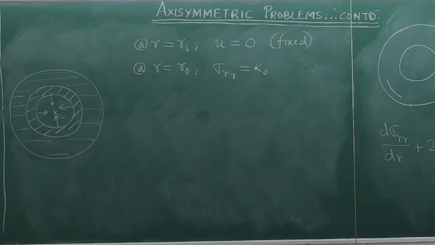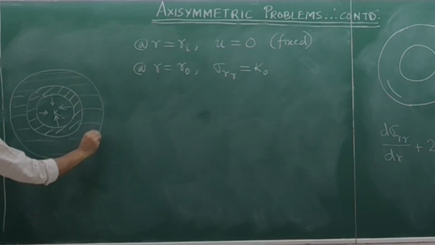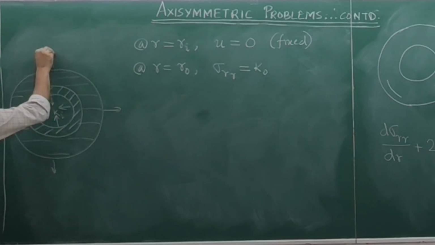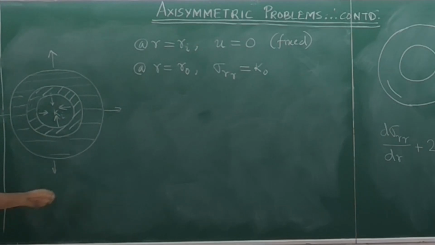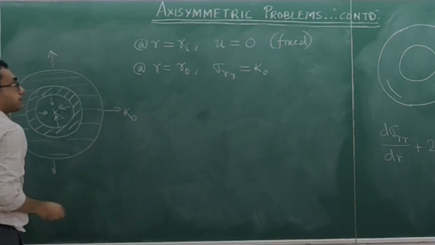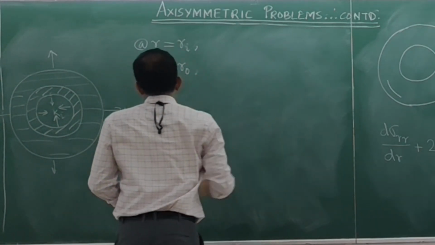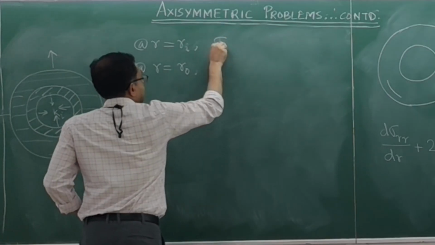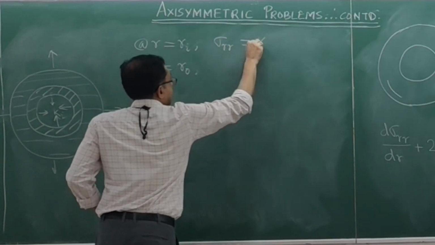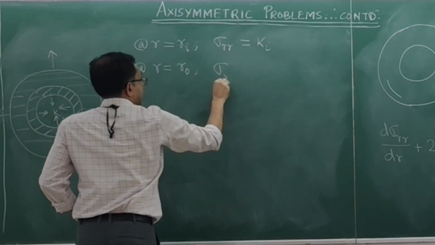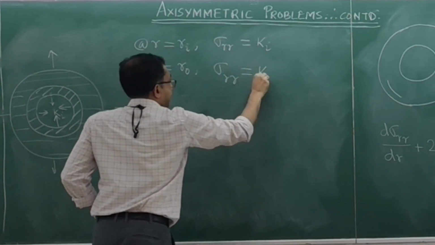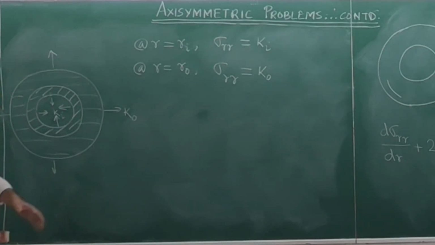Okay, you want to talk about the boundary conditions. All right. So outside, again the same thing as before. But you see, these two conditions are not going to be sufficient. Why not?